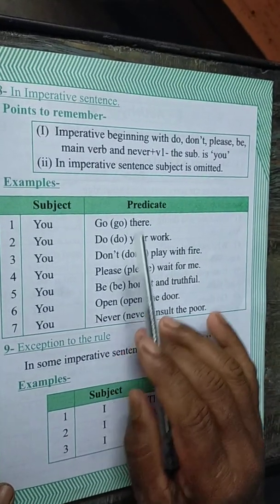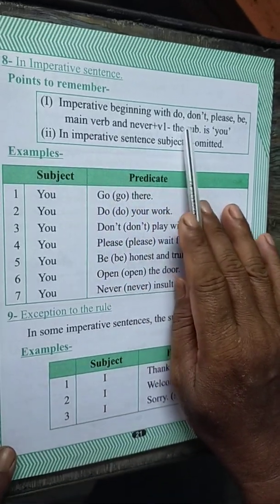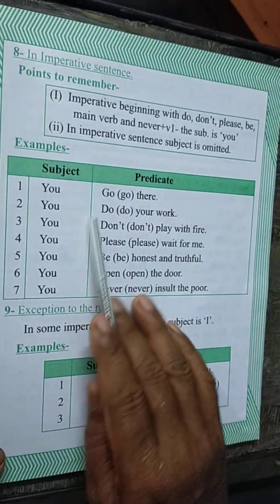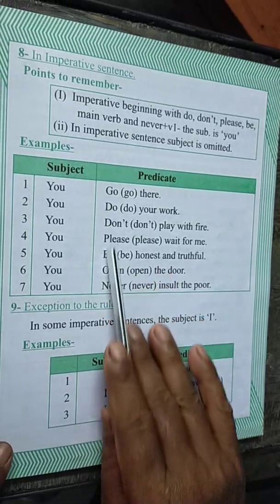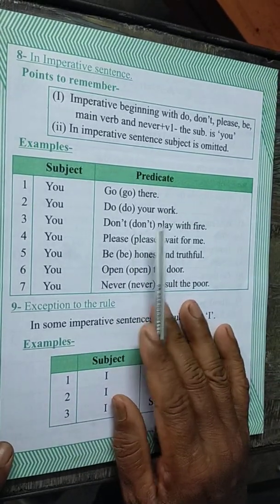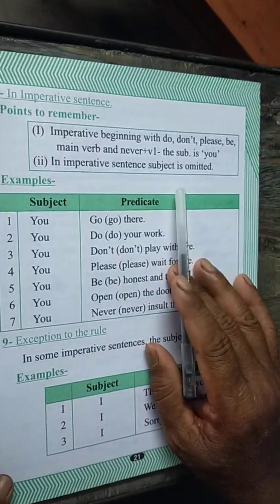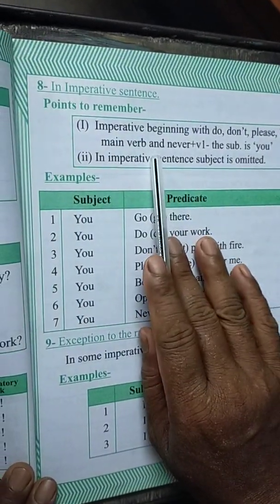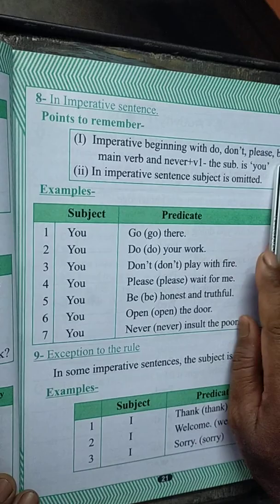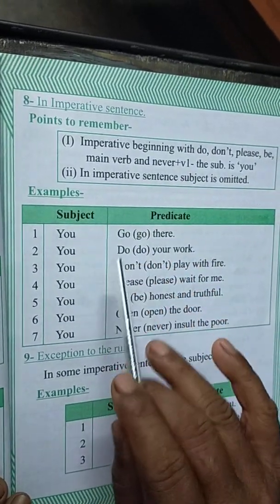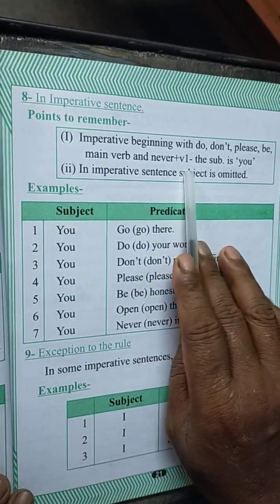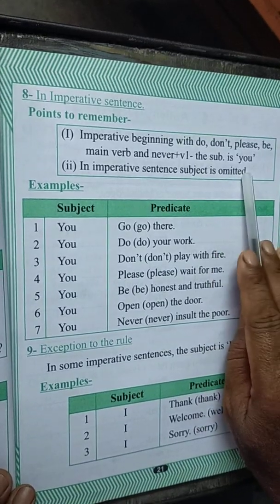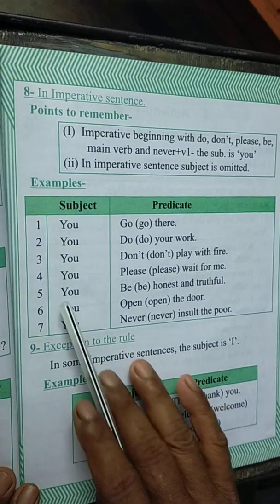These are imperative sentences beginning with do, don't, please, be, and main verb and never plus verb 1. The subject is you.